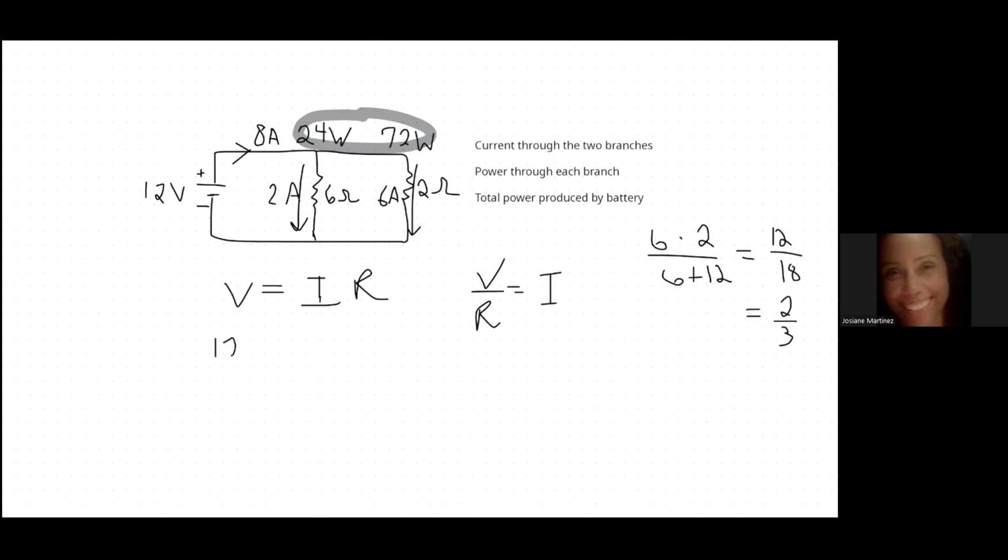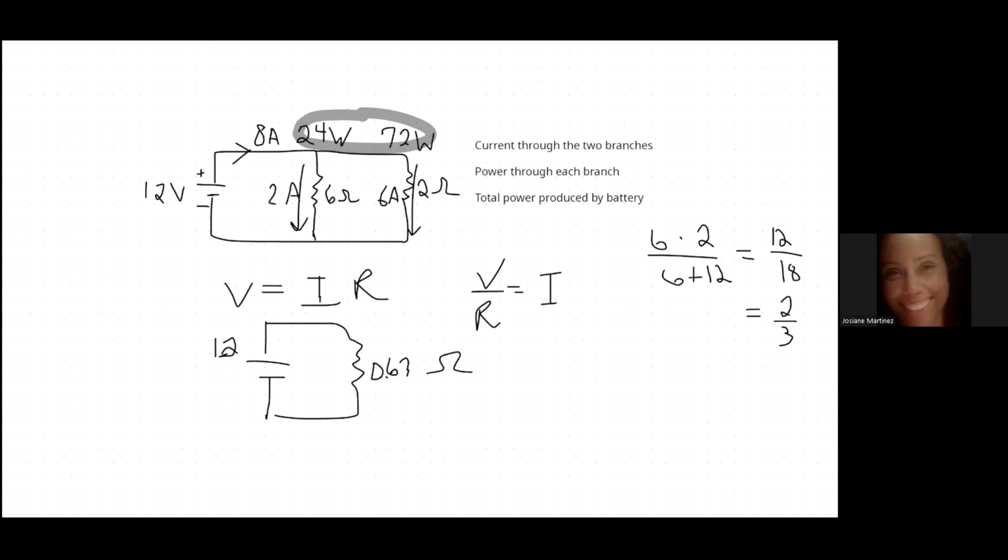So we're going to see this circuit as the equivalent of a 12-volt battery across a 2/3 ohm resistor, or 0.67 ohms. Okay, you can use the fraction or the decimal here. The decimal will be less precise than the fraction, but I'm not going to be as fussy about the precision here.